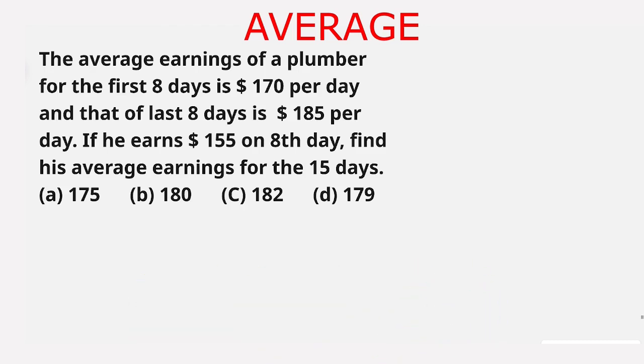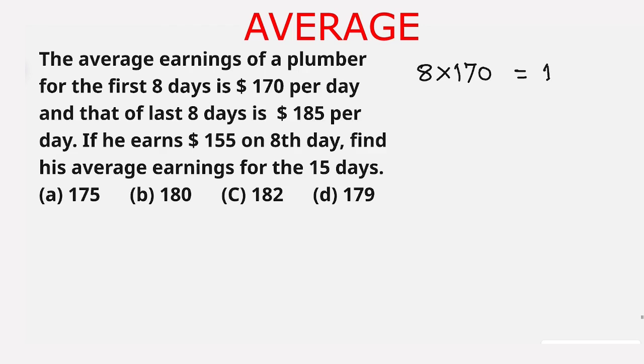We will first find the total earnings for the first 8 days and then for the last 8 days in 15 days. So the total earning of first 8 days is 8 multiplied by 170, and this is equal to 17 times 8 is 136.